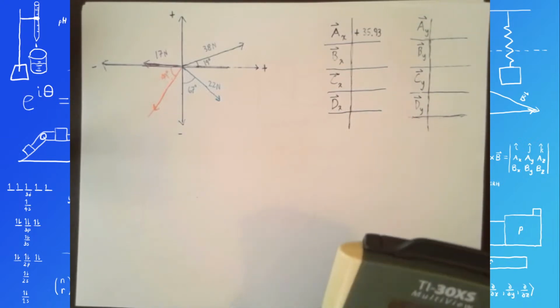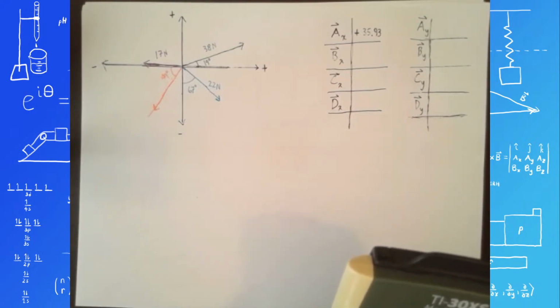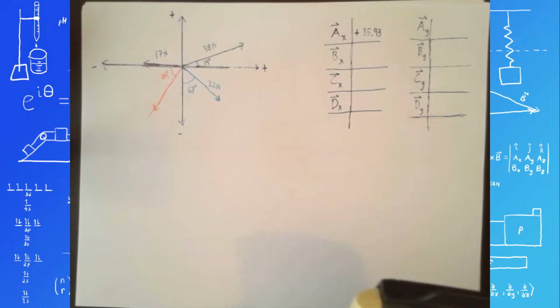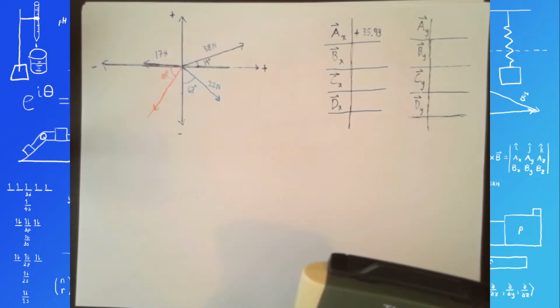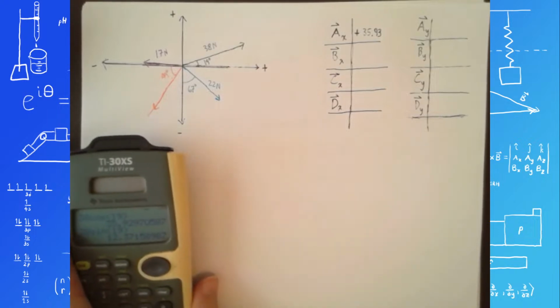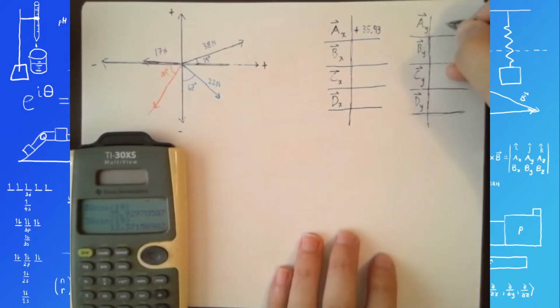And if I do 38 sine of 19, then I'm getting 12.37, and that's in the upward direction, so that's positive 12.37.